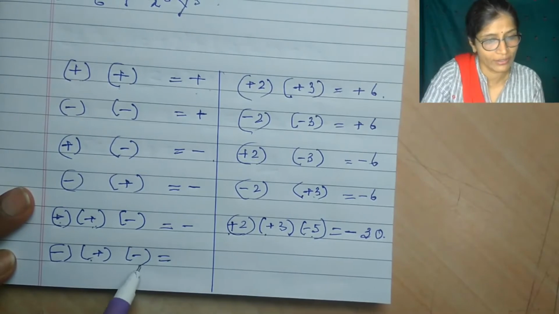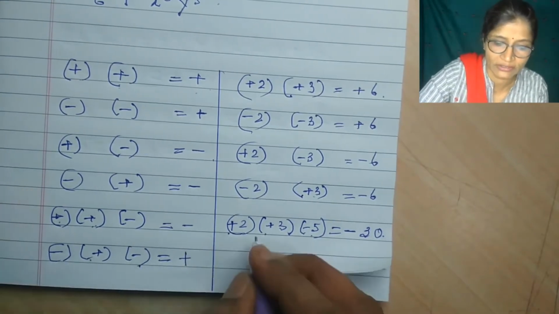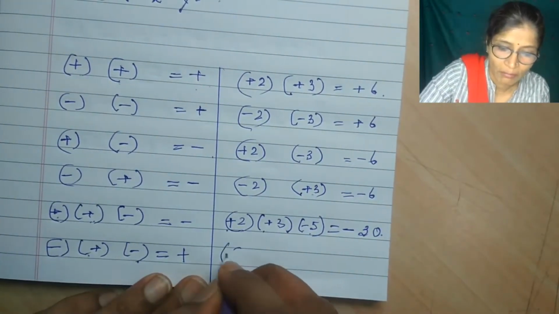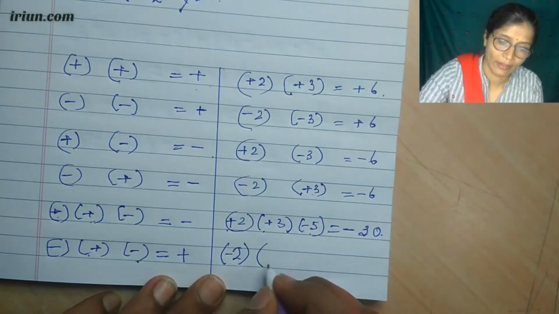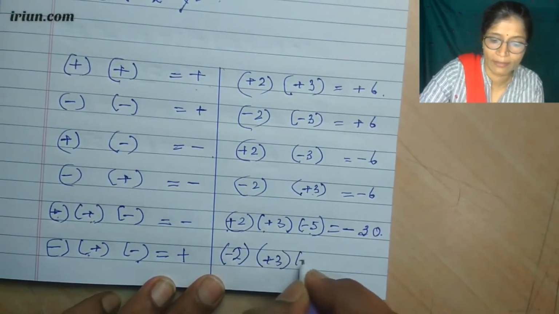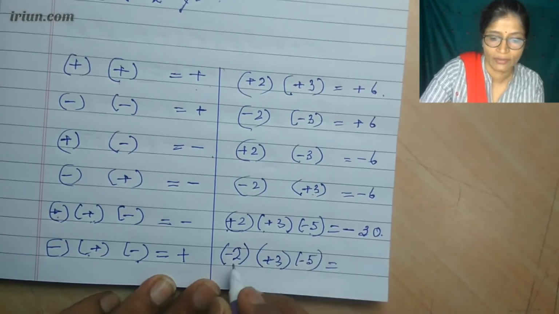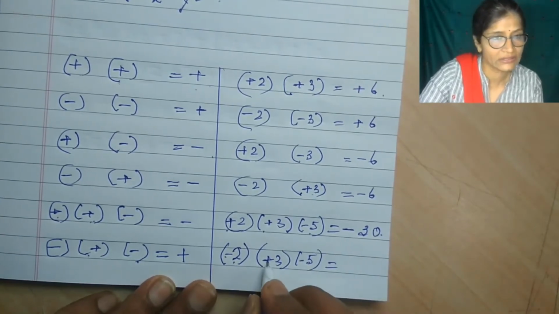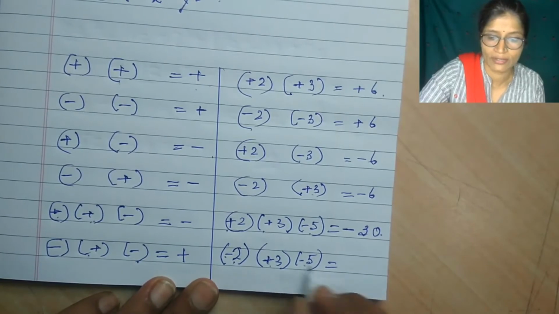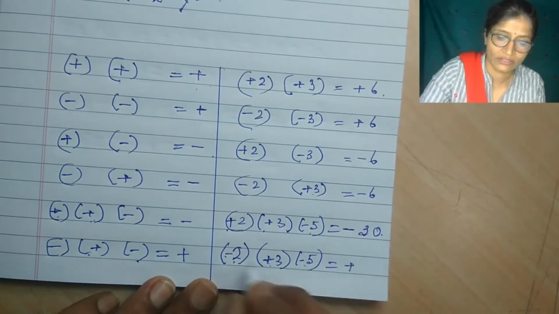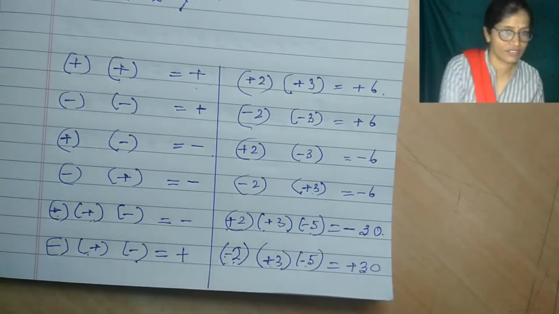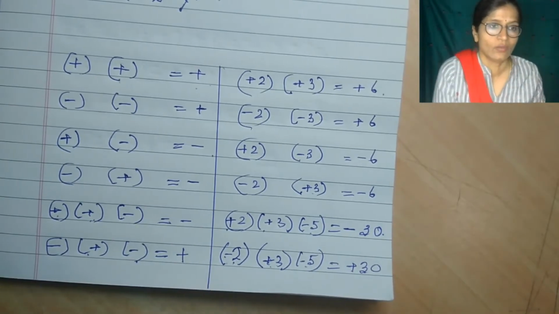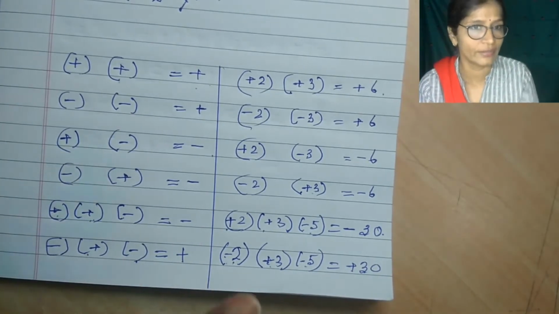Again, minus into minus is plus. So your answer will be plus. For example, minus 2 multiplied by plus 3 multiplied by minus 5. Minus into plus is minus, minus into minus is plus. Now 5 threes are 15, twos are 30. So I think the sign convention is clear to you, what sign you have to give during multiplication.